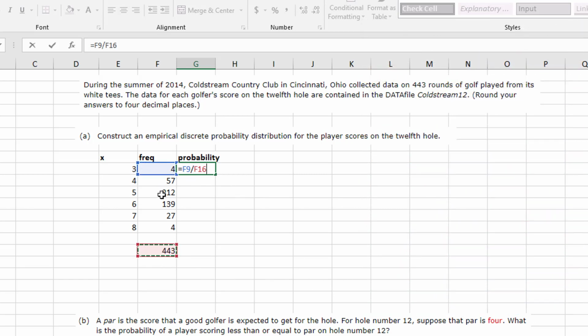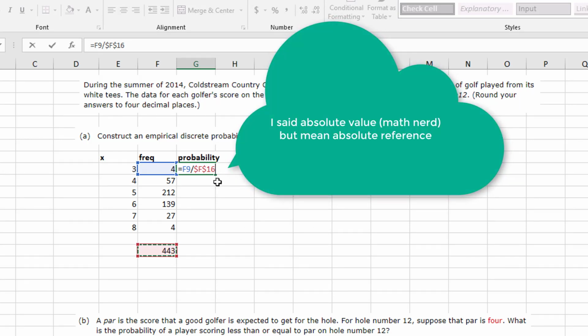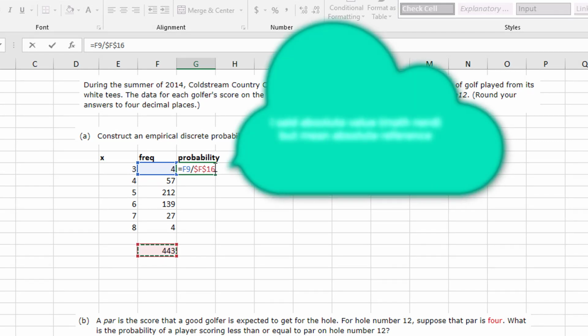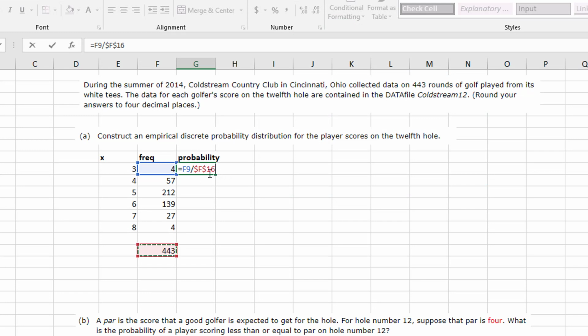I want the frequency to change for each row, but I don't want the total to change. So I'm going to absolute value that. I hit F4 on my keyboard. I know you guys might have to press something like function F4, but basically what it is you're just putting dollar signs. So when it copies, it absolute values that value.